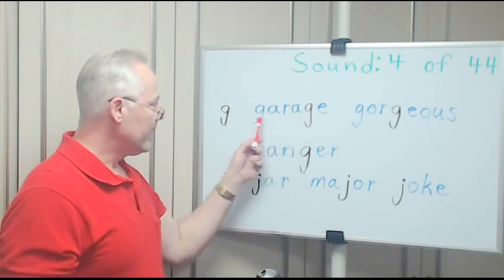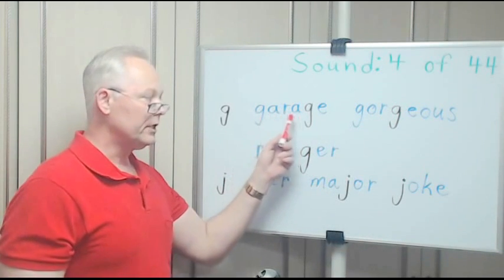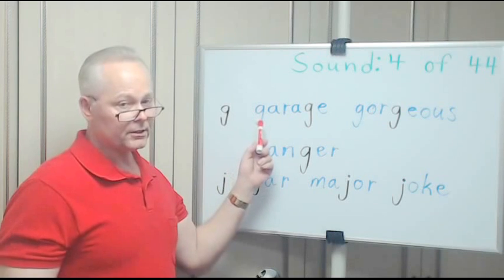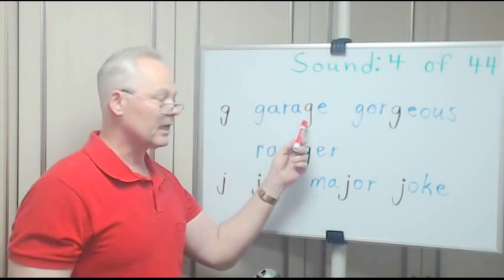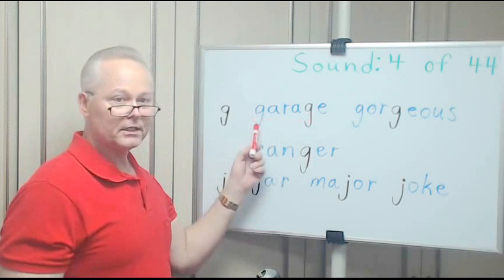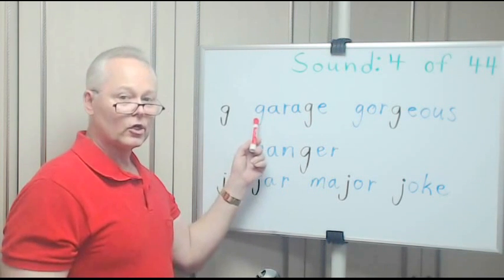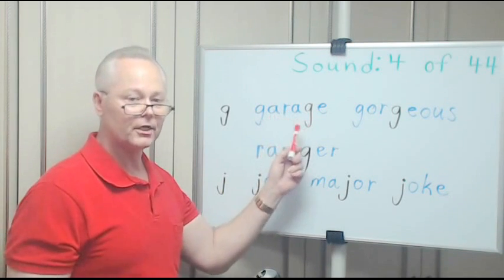Now, make note of these words here. We have two G's here. This G, just because it's a G, doesn't mean it's going to sound like J. And just because it sounds like J, doesn't mean a G sounds like J all the time. This sounds like G. Garage, J, garage.